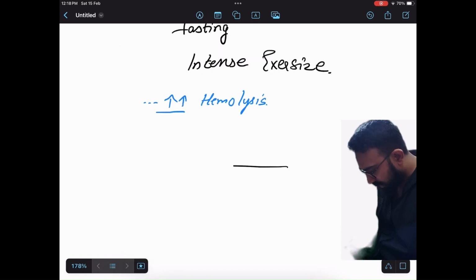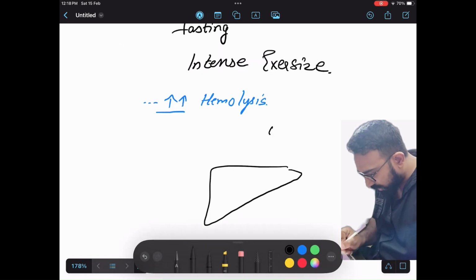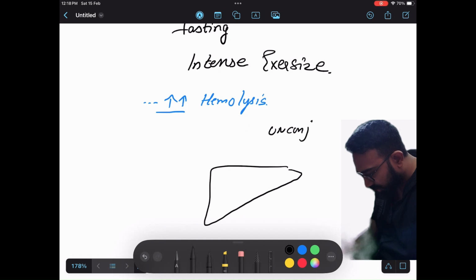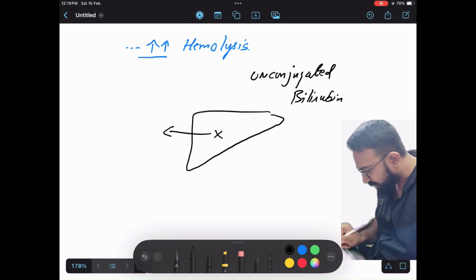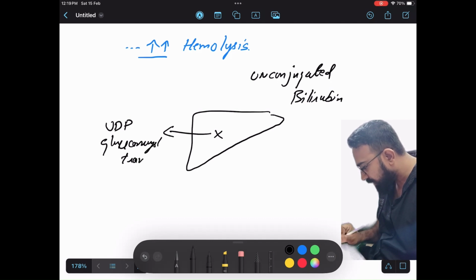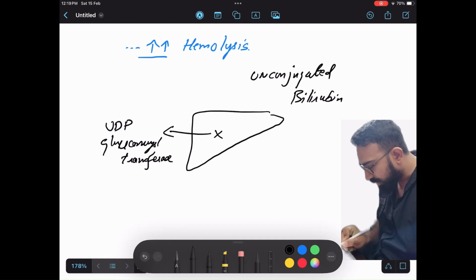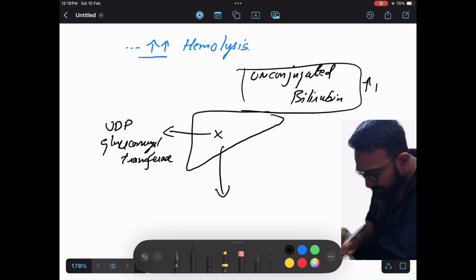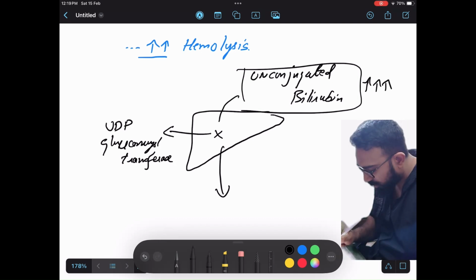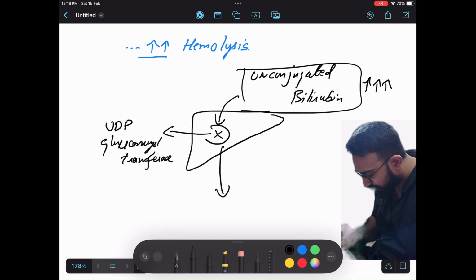If this is the liver, over here is the unconjugated bilirubin, and there is a deficiency here of UDP glucuronosyl transferase. Then this will get accumulated, because it is produced in large amounts and there is a deficiency over here.